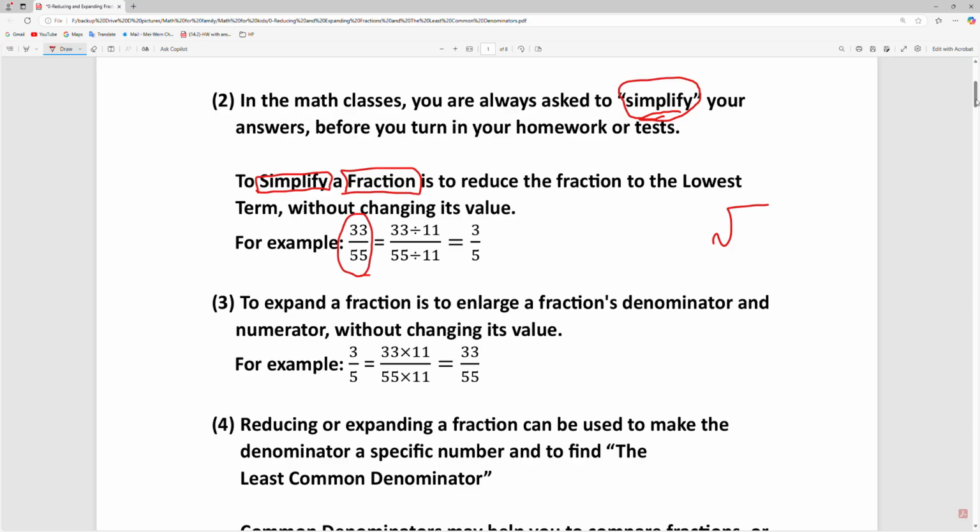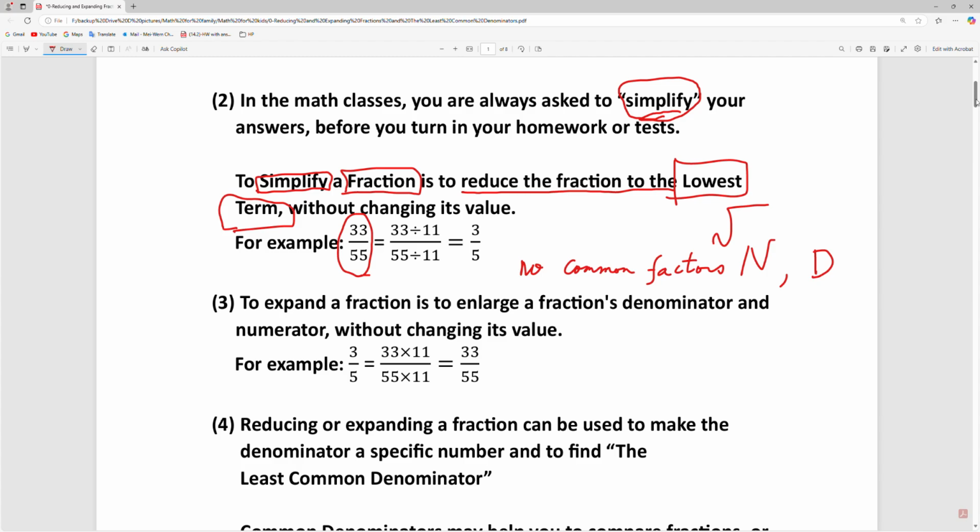How to simplify a fraction is to reduce the fraction to the lowest term. What does lowest term mean? It means you cannot find any common factor between the numerator and the denominator.